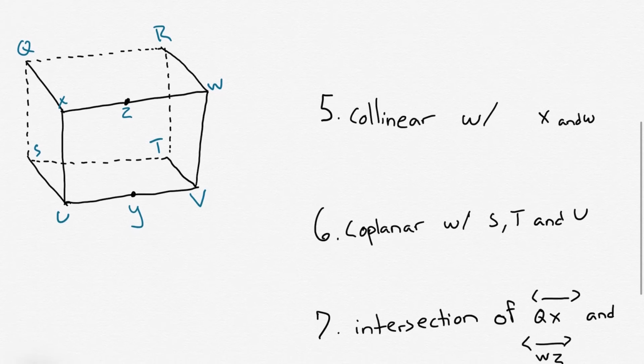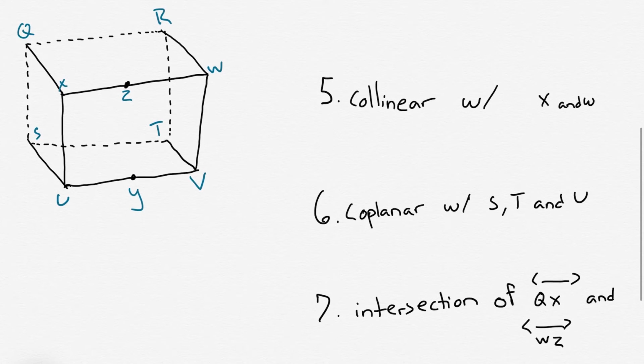All right. For the last ones, I drew another diagram, and this one is supposed to be a cube. This is what I came up with. Okay, so for this one, we want to know what is collinear with X and W. Remember, collinear, we think of that as co-linear, which basically means that these points are on the same line.